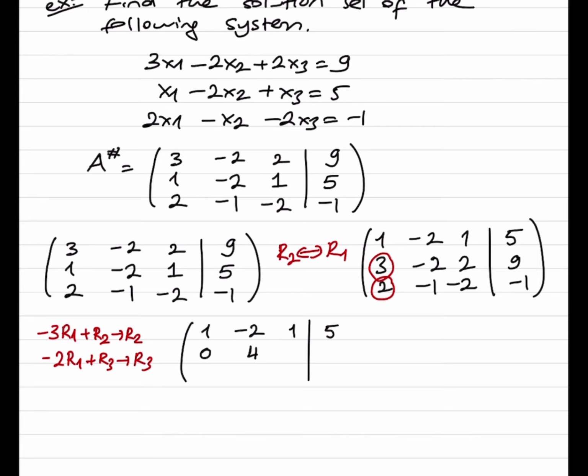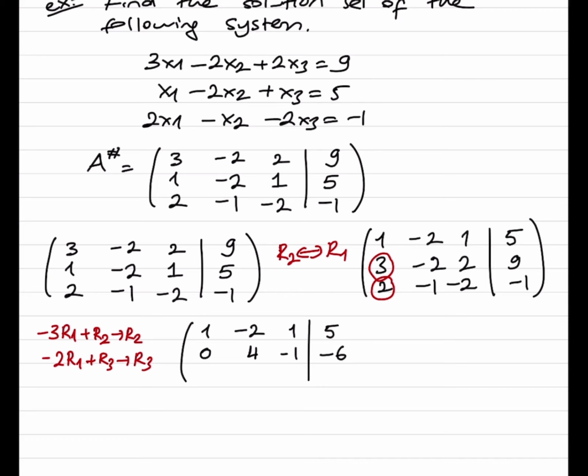Minus 3 times 1, so we have minus 3 plus 2, minus 1. Minus 3 times 5, minus 15 plus 9, we have minus 6.